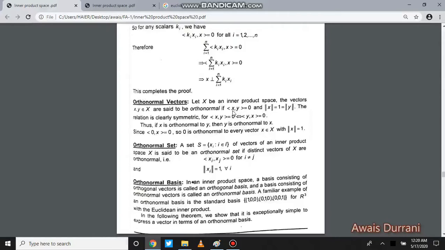I mean the inner product of y, x will also be equal to 0, and norm of y equal to 1 and norm of x equal to 1 will also hold. It means this property also holds in the symmetric order. Therefore we can say that orthonormality is a symmetric property. So if the inner product of x, y is equal to 0, then the inner product of y, x will also be equal to 0. That is why orthonormal vectors hold the property of symmetry.